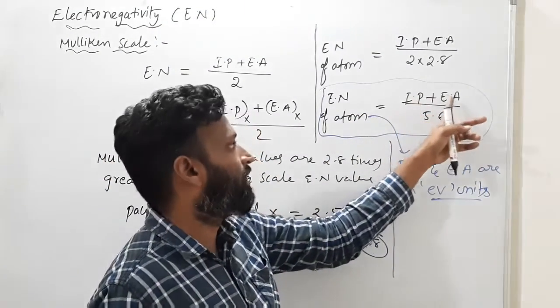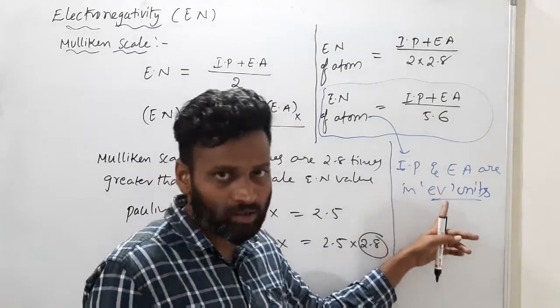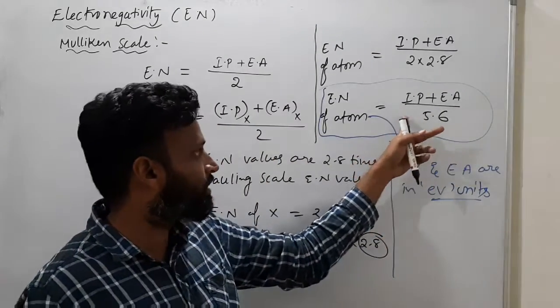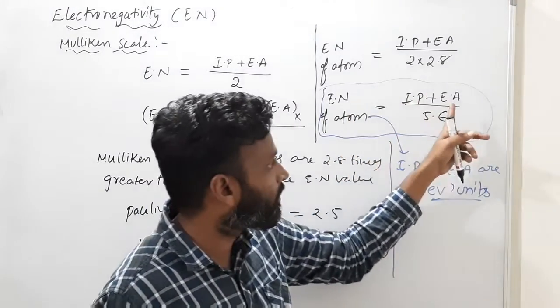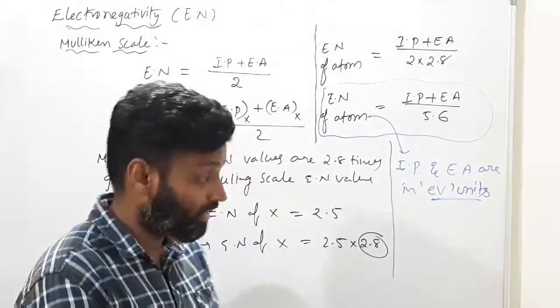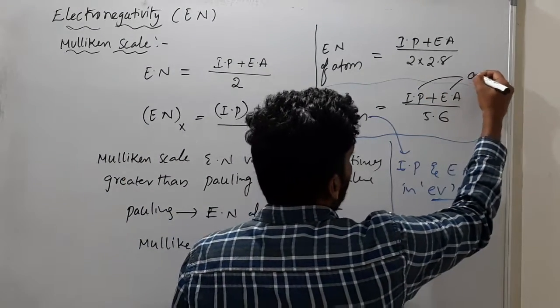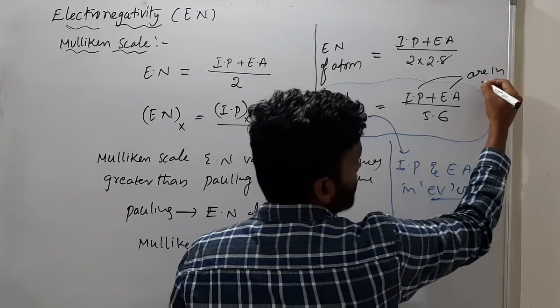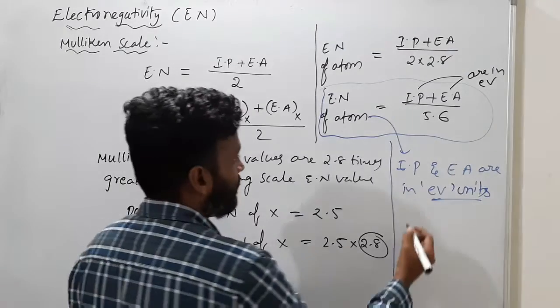But these IP values and electron affinity values, if we consider them in electron volts, then we have to take this formula: electronegativity of an atom is IP plus EA by 5.6. So in this formula, IP and EA are in eV, electron volt per atom.